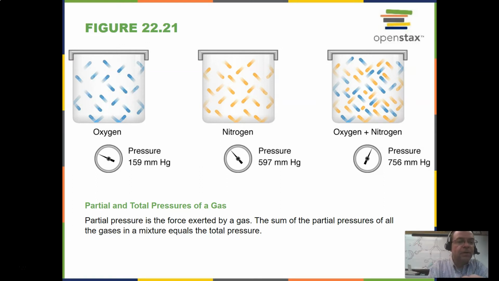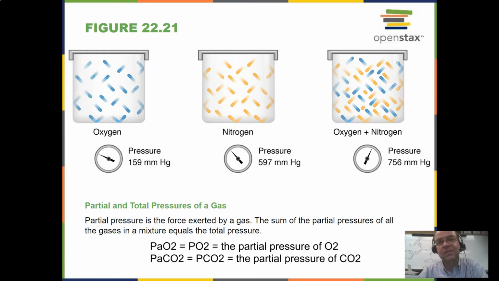The pressure of oxygen on a mixture plus the pressure of nitrogen on a mixture, we add those together, and that's the pressure of the entire mixture. And that is signified by P sub X. So it would be like, for example, PaO2 or PaCO2. That means partial pressure.